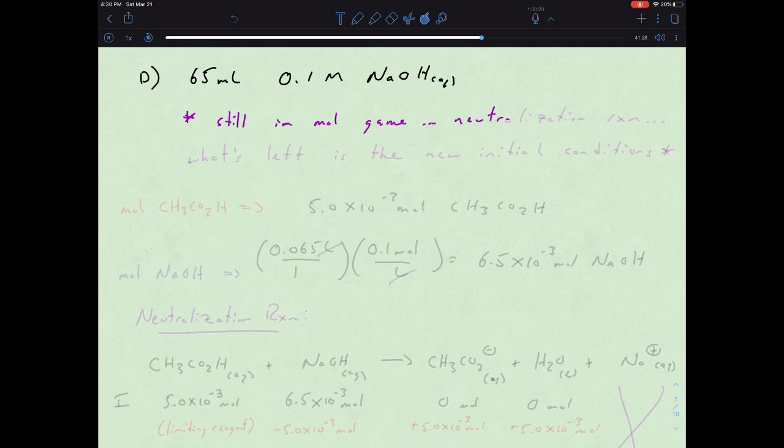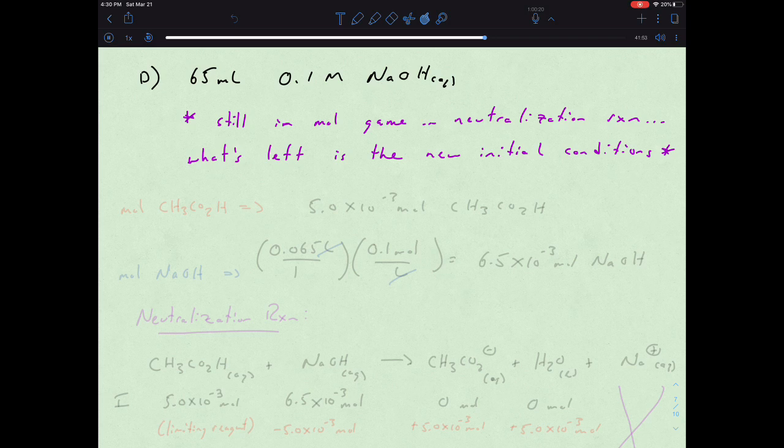You know, the neutralization reaction. And what's left is the new initial conditions. Right? Just like we did with part B and part C.